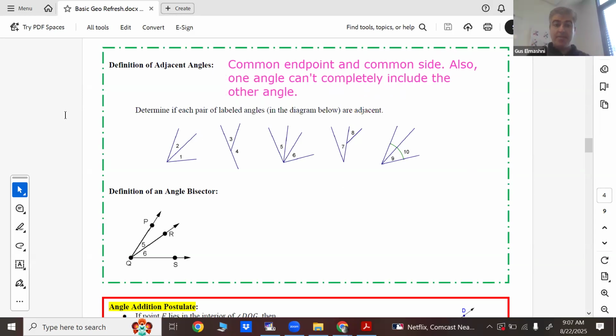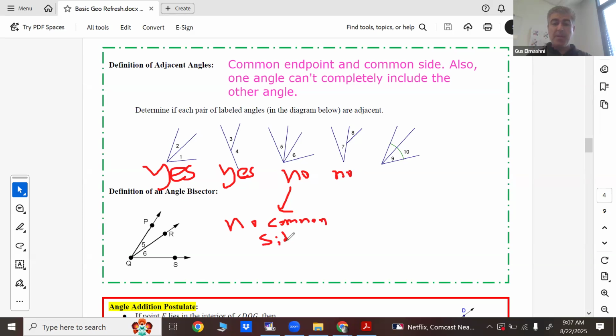So I'm going to say yes to that one, and yes to that one. I'm going to say no and no. So this one, no common side, right? It's pretty obvious. 5 and 6 don't have a common side. But the first two did, 1 and 2 and 3 and 4 did.